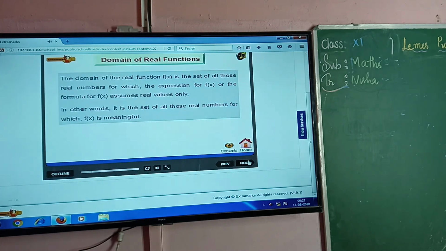The domain of the real function f(x) is the set of all those real numbers for which the expression for f(x), or the formula for f(x), assumes real values only. In other words, it is the set of all those real numbers for which f(x) is meaningful.